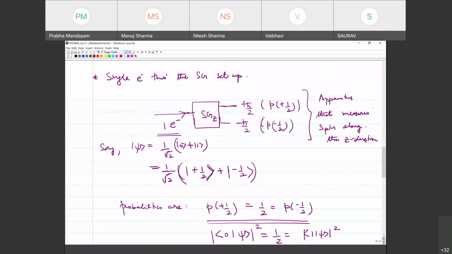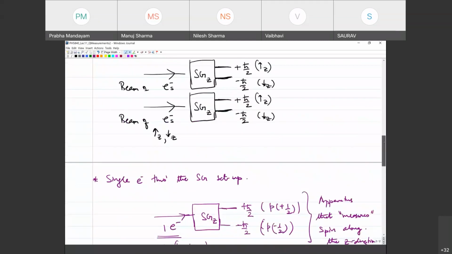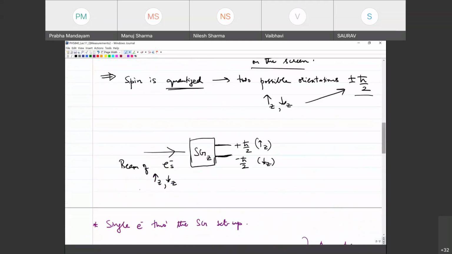Okay. Now, this is a single electron, but if I want to think about this scenario of a beam of electrons, right? How do I describe this scenario mathematically? So this beam of electrons is what we call an ensemble of electrons. The technical word that we will often use here is ensemble, right?